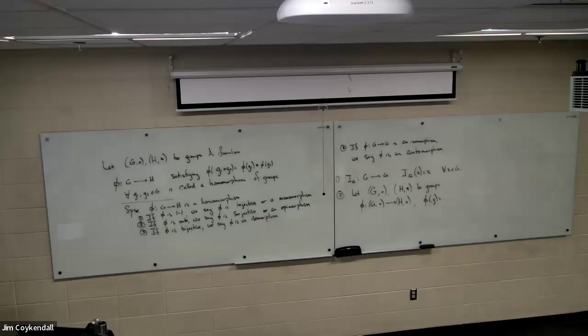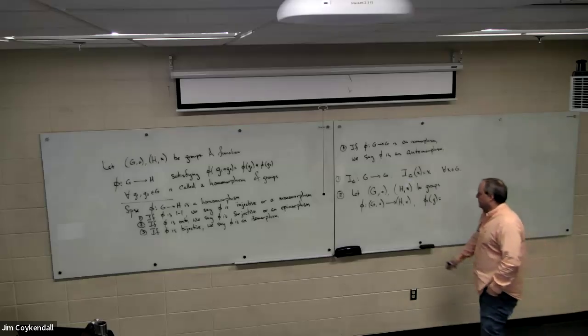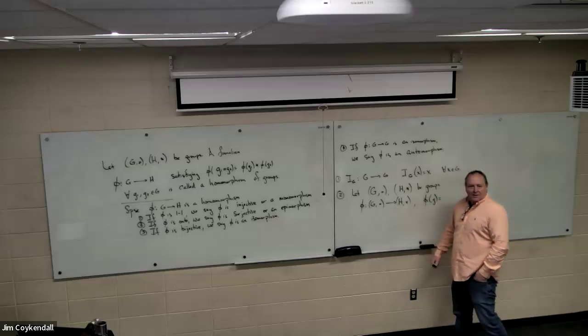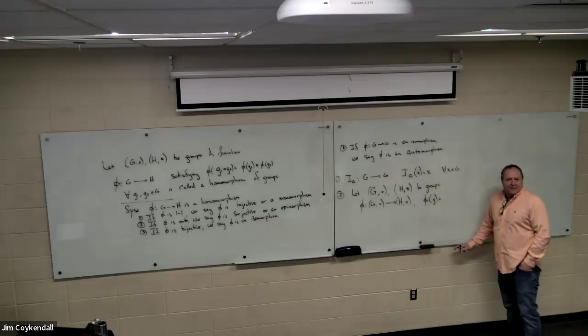If I give you any two groups, I don't care what they are, any two abstract groups, G and H, there's always for sure one homomorphism from here to here. Anybody care to venture a guess? I said G. When I tell you what the answer is, everybody's going to go, oh.